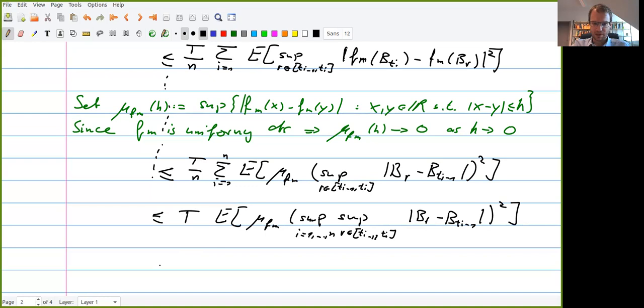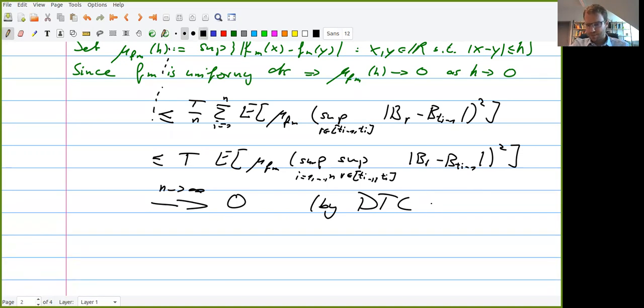And now we use dominated convergence, which tells us, okay, if we send n to infinity, which means this h here goes to 0, this goes to 0 by dominated convergence. Right? Because we localized the function f, so f_m is bounded, so we can use the dominated convergence theorem.